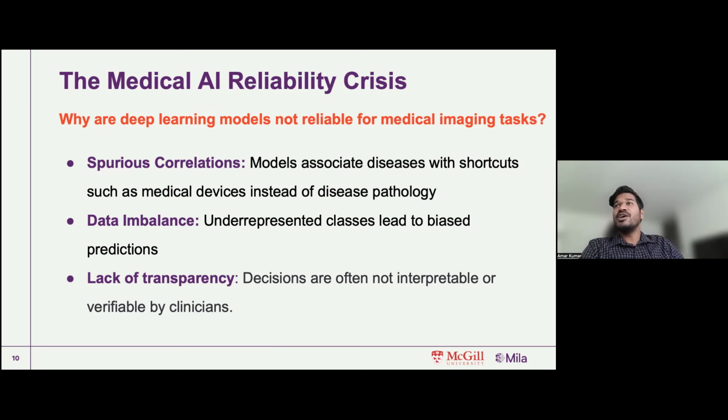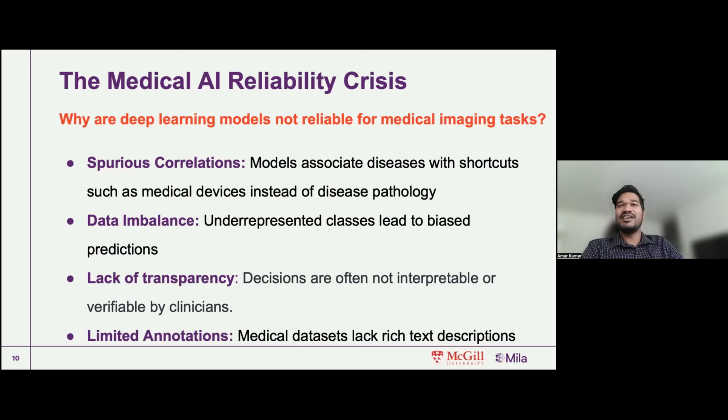So essentially, we cannot just give the final result to the clinician and say that, oh, the model was this percent accurate, how about deploying it in the clinic? That will be catastrophic in case of deployment. And finally, there are very limited annotations available for medical datasets.